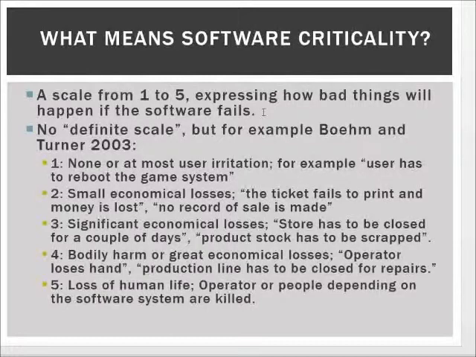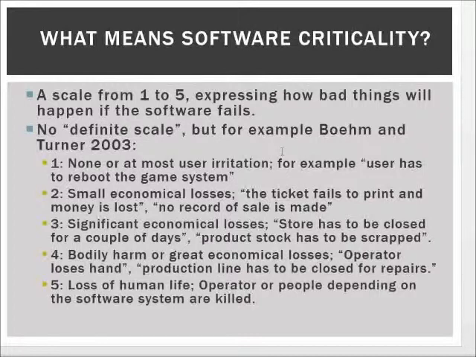Level 4 is bodily harm or great economical losses, meaning that the entire product line, for example in a factory, has to be closed for repairs or revision, or that some production line is unsafe for work and has to be redesigned.